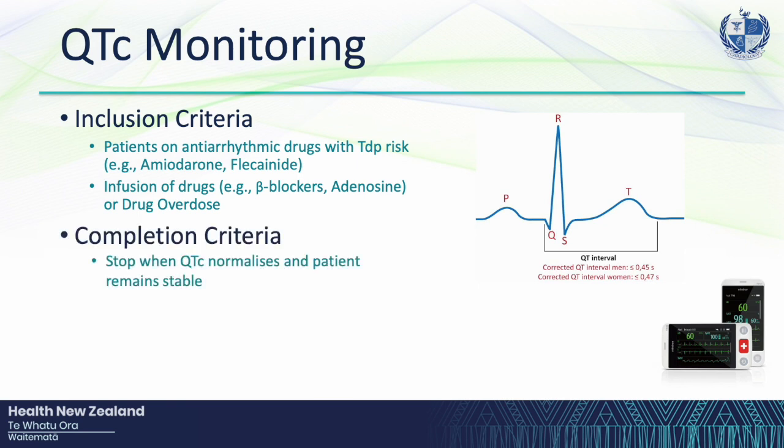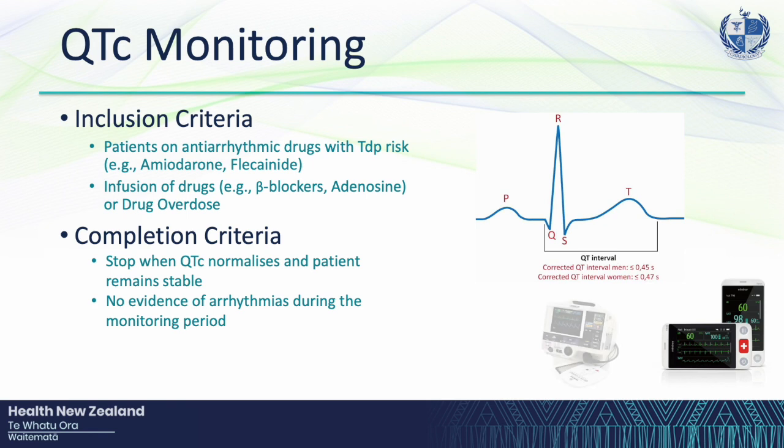Monitoring should continue until the QTc interval returns to normal, the infusion is completed, and the patient is stable with no evidence of arrhythmias. Due to the potential for prolonged QTc to cause arrhythmias, immediate access to an AED during transfer is vital.